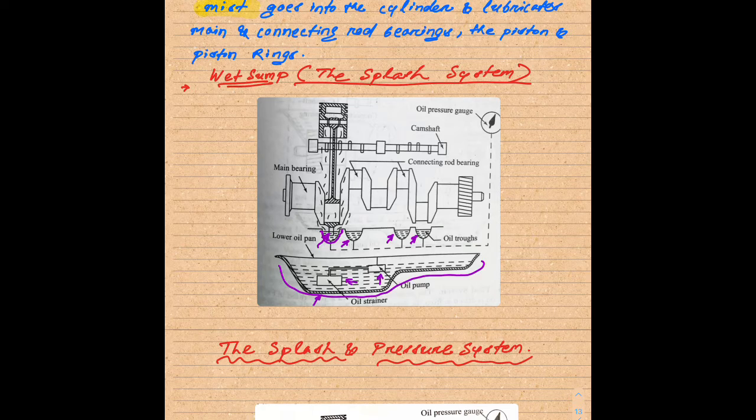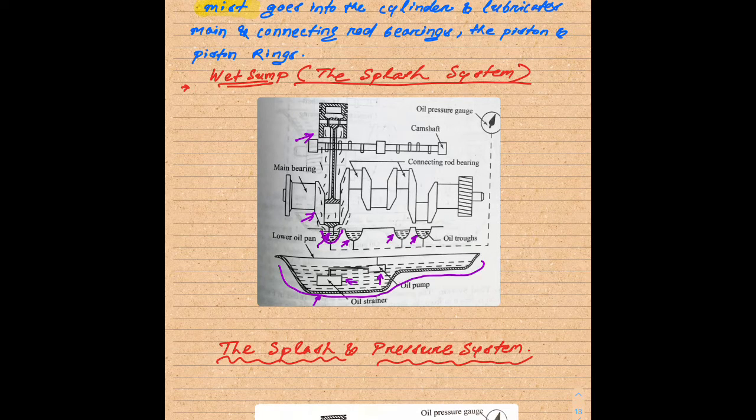When the oil troughs have a particular level of oil, what will happen when the engine starts? The oil will be splashed by these lobes when the connecting rod rotates. So this oil will be thrown upon the main bearing, big end bearing, small end bearing, and the camshaft.